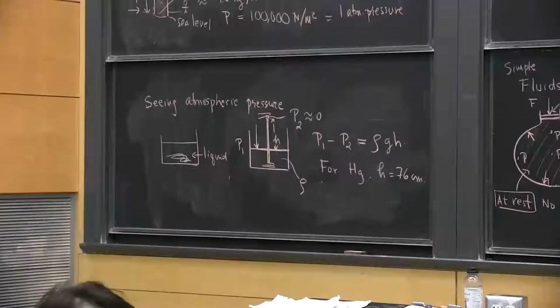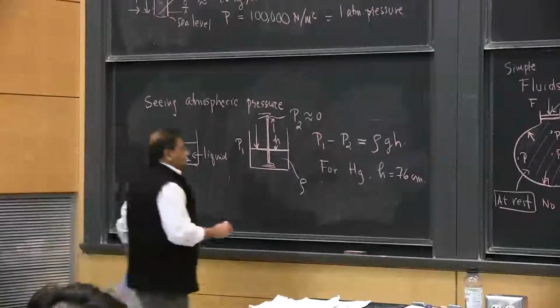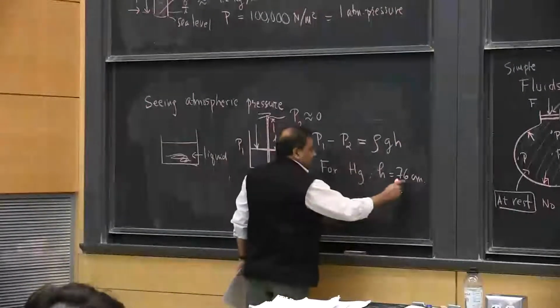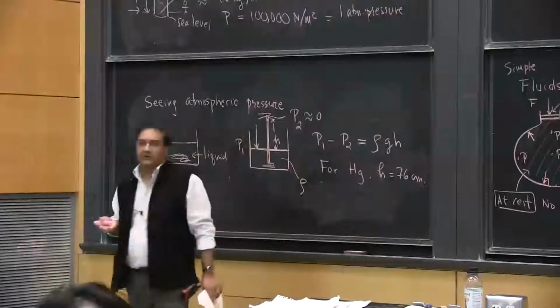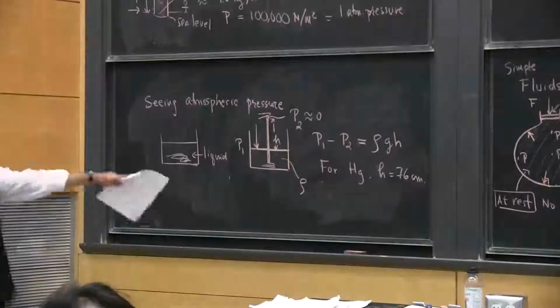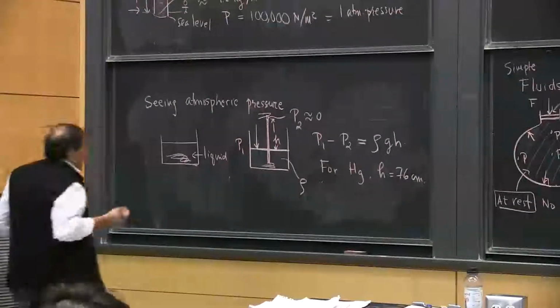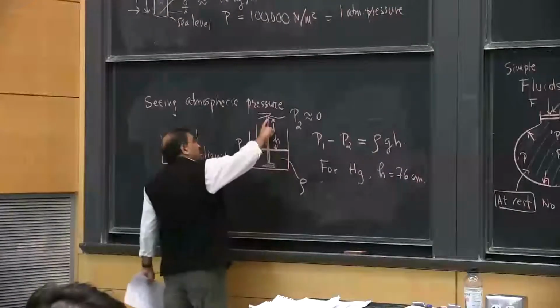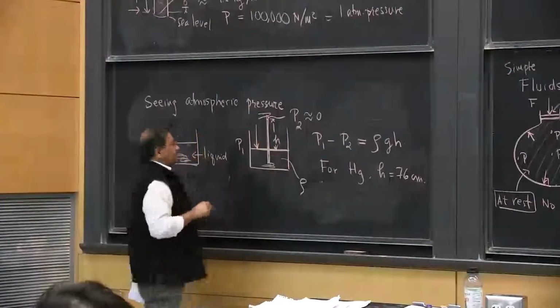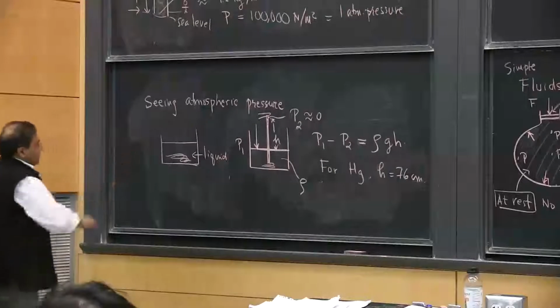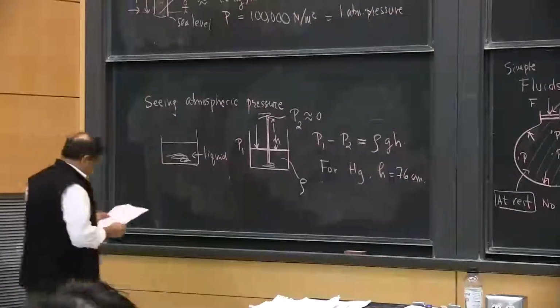So when the weather prediction happens, they would often mention the pressure in terms of how many centimeters or millimeters of mercury. That's what they're talking about, because at normal conditions the height rise you will get for a liquid like mercury would be 76 centimeters.